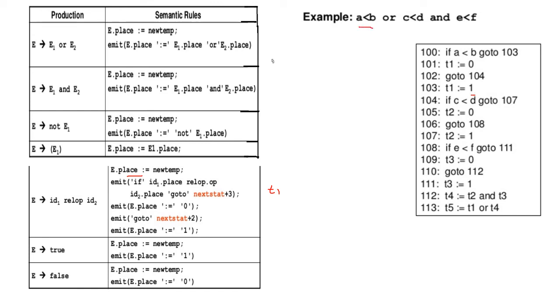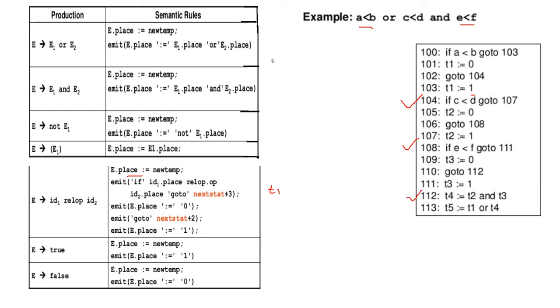After this A less than B is over, we have to check C less than D. So 104: if C less than D, we can write t2 equal to 1. If C is greater than D, we can write t2 equal to 0. Then we go to E less than F. That is 108. In 108, we are comparing E and F. If E less than F, t3 equal to 1. If E is not less than F, t3 equal to 0, then we go to 112.